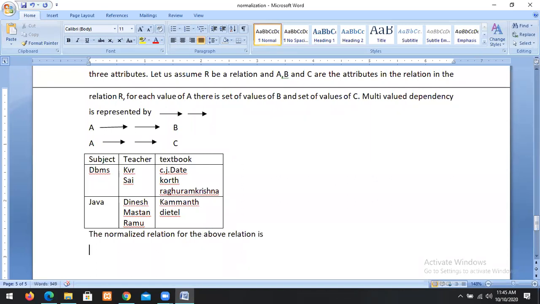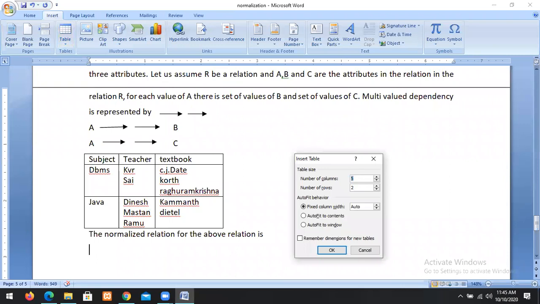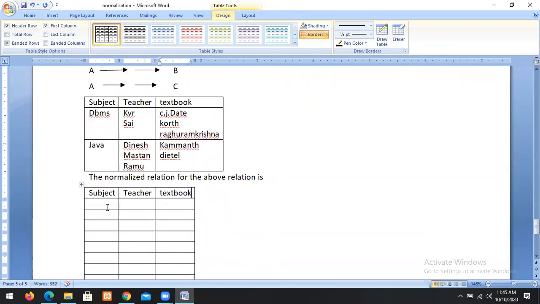we can divide into subject, teacher, textbook. So we write it like this. DBMS, this is the subject.